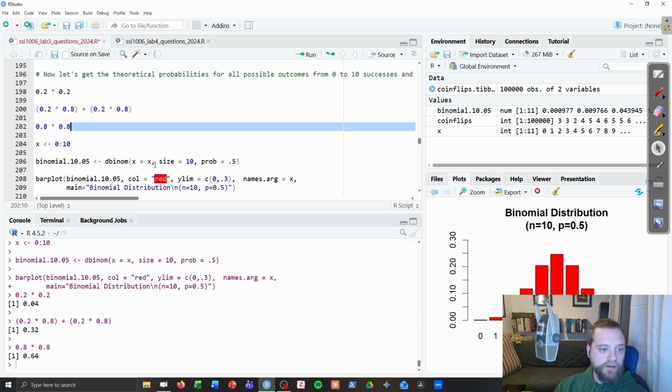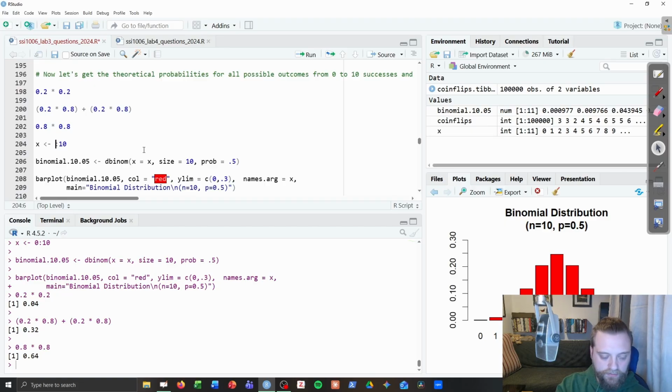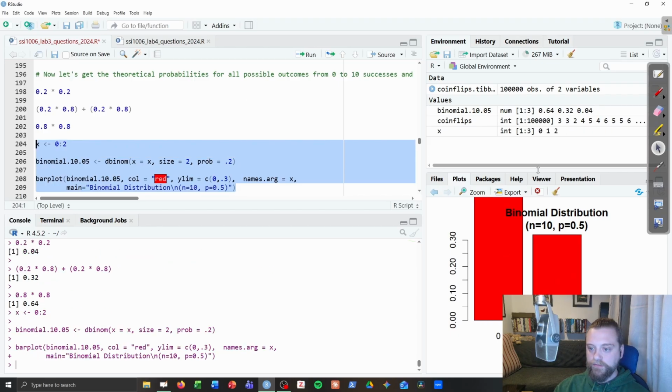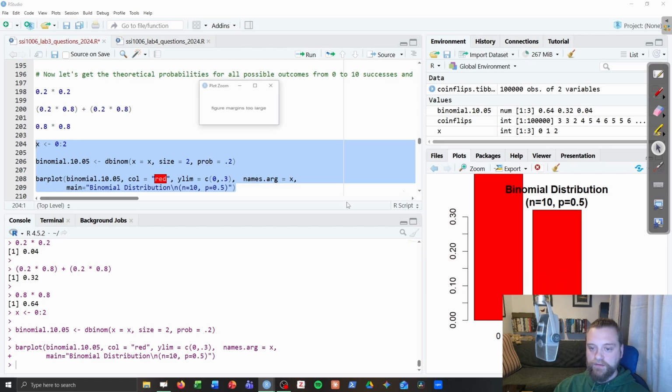So if we run this, let's change x back to 0 to 2. We will run this with a size of 2, and we'll change this to 0.2. What's this look like? Well, there we go. So we've got about 0.6 in the 0 category, 0.32, and then 0.04.